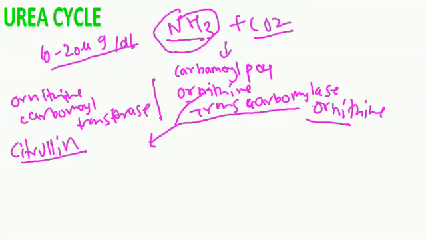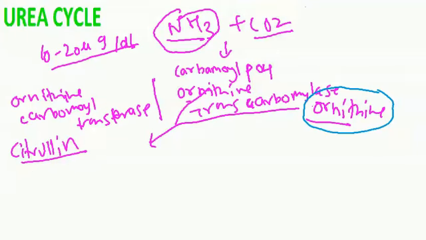So ornithine carbamoyl transferase or ornithine transcarbamylase. Also, I forgot to tell that ornithine is formed in cytoplasm and then it is transferred to the mitochondria. So now we will continue from citrulline.